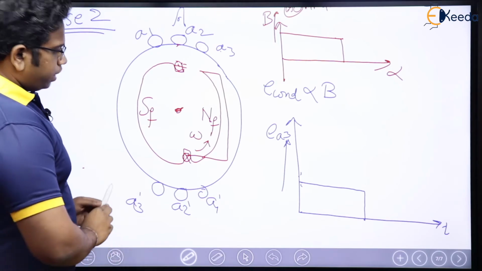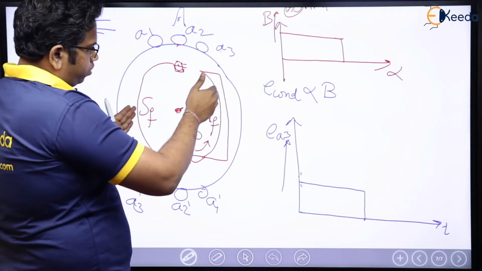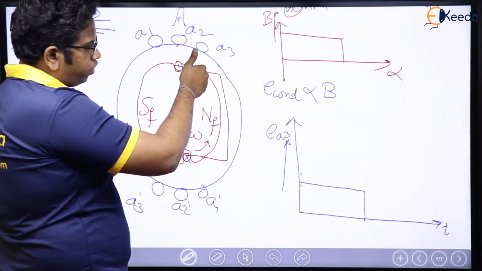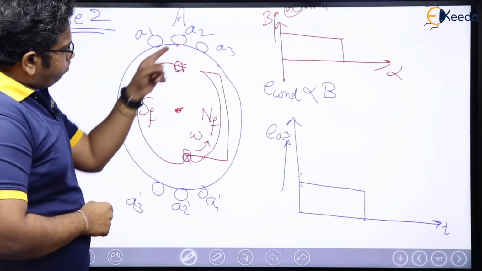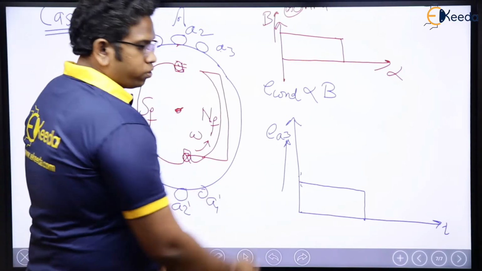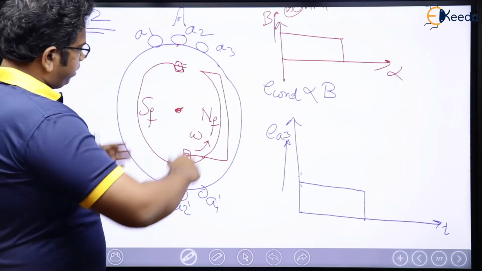Again, see here, in space if you rotate this by some angle here, then what is going to happen? A3 and A3 dash, induced EMF in A3, positive maximum, you will get that. Now what is going to happen after that?